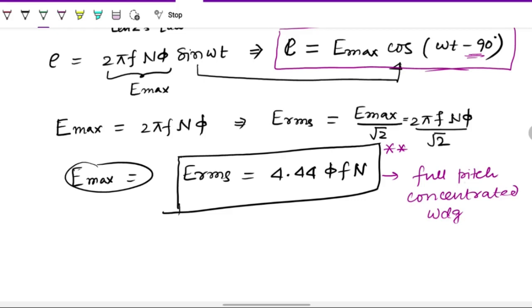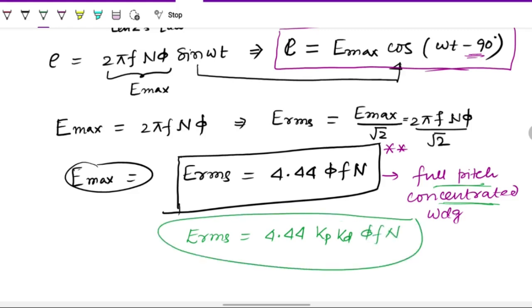We will learn about full pitch and concentrated winding in the subsequent lectures. And E RMS is equal to 4.44 multiplied by Kp Kd into phi f N, where Kp is the pitch factor and Kd is the distribution factor.